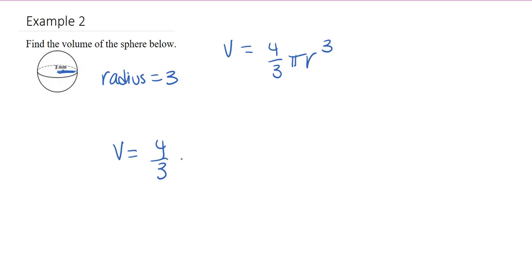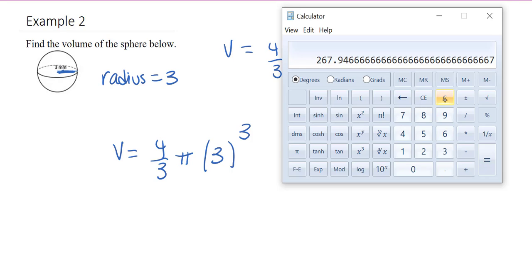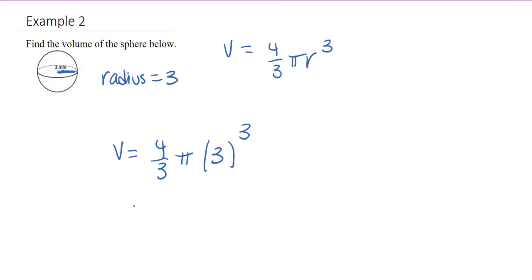So we have 4/3 pi, then we have 3 cubed. Now 3 cubed is equal to 27, but if we aren't sure, let's just calculate that out. We do this x to the y power, and then we put in 3. So we have 27. So we have 4/3 pi times 27.